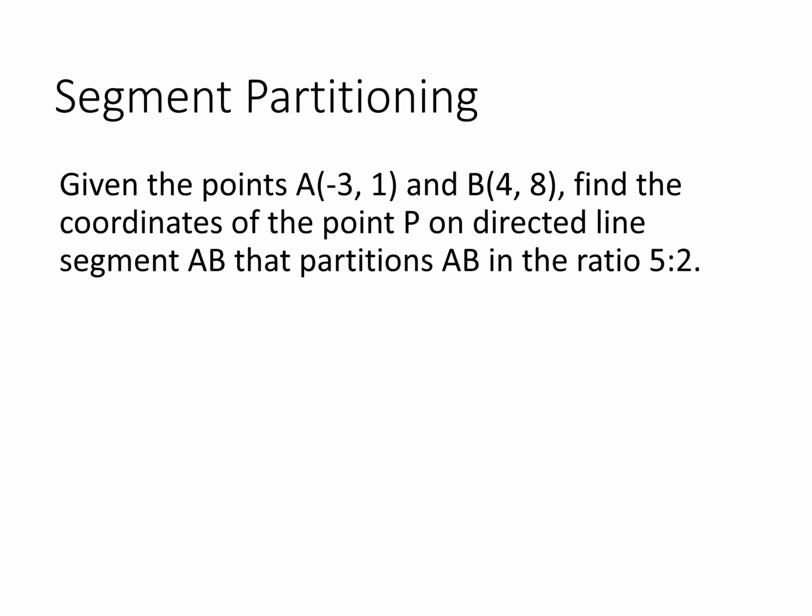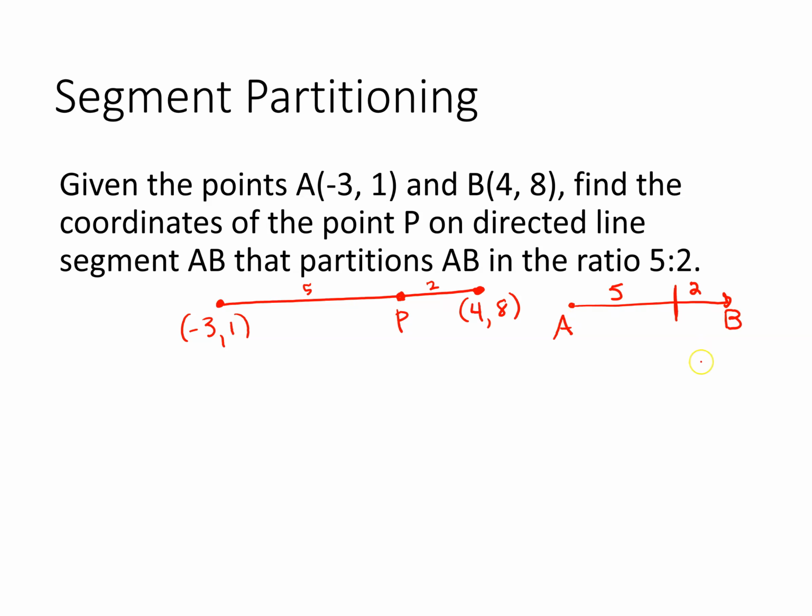All right, so again, I'm going to start by drawing a picture. I'm going from A to B at negative 3, 1 to 4, 8. And we are partitioning at point P in a 5 to 2 ratio. For this method, I need to take that 5 to 2 ratio and think about what fractional distance this point is away from point A. So we've got point A, point B. There's a total of 7 parts to this partitioning, and we are at 5 out of the 7.